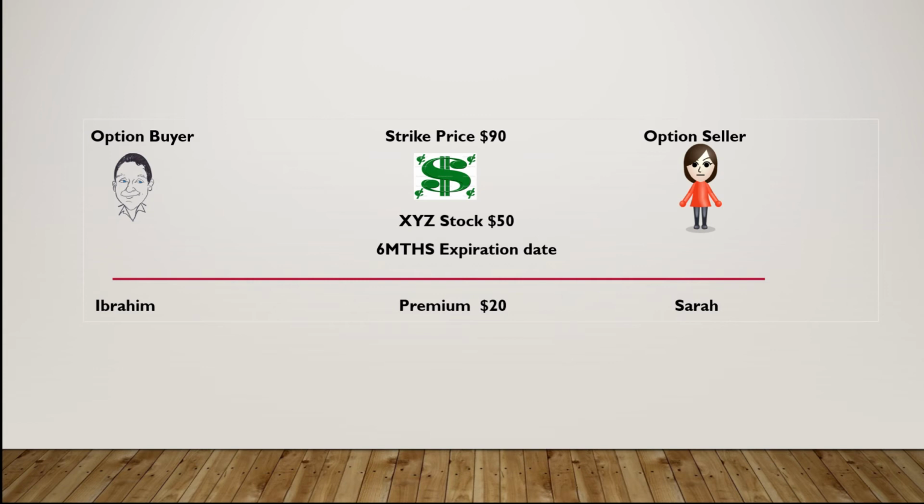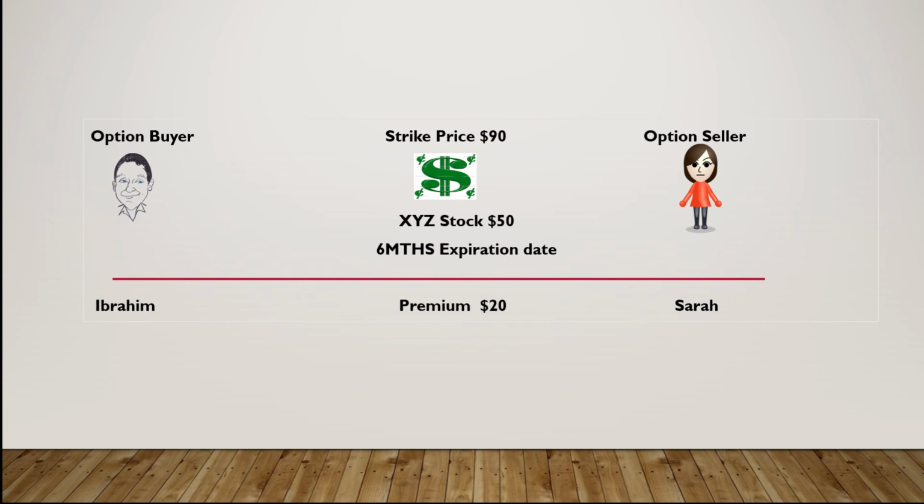Let's say Abraham, the option buyer, is communicating with Sarah, the option seller, and says he wants to buy the stock if the stock goes up in value in 6 months to $90. The 6 months is considered the expiration date and the $90 is considered the strike price.